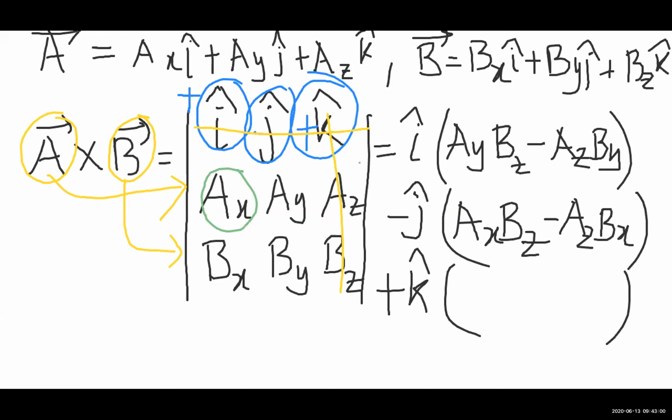Go to the top left-hand element of these 4, cross multiply, cross multiply the remaining 2 terms and subtract. So here I end up with A X B Y minus A Y B X. And this gives me the value of the cross product. End of story.